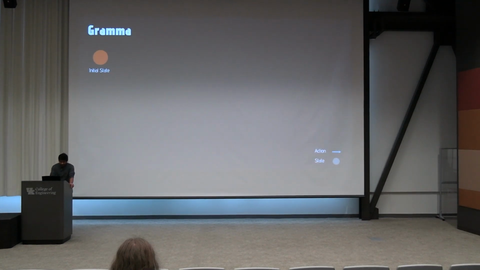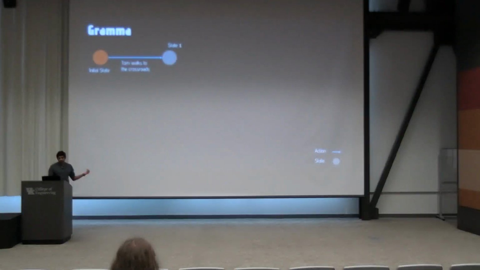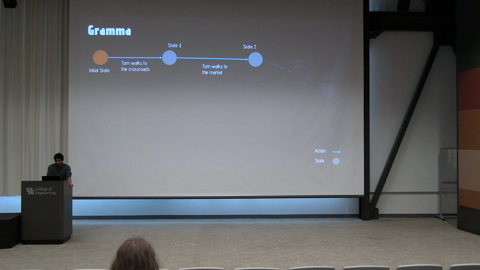So here's a plan that we solved using Sabre by searching that algorithm, searching that story graph with millions of nodes or states. Here, initially Tom is in his cottage, and Tom walks to the crossroads, and Tom walks to the market, and then Tom buys potion from the merchant.